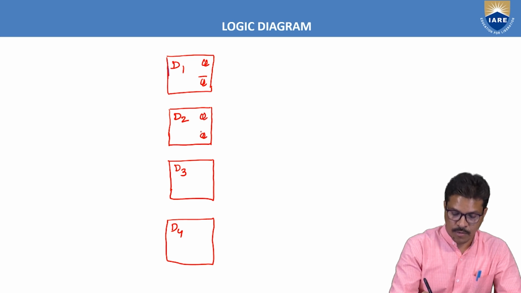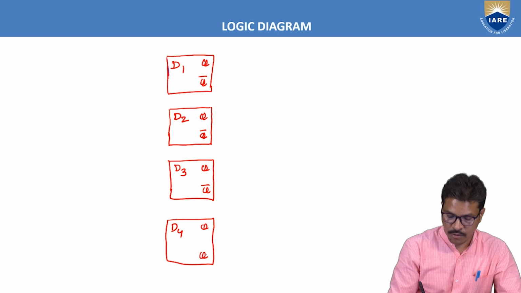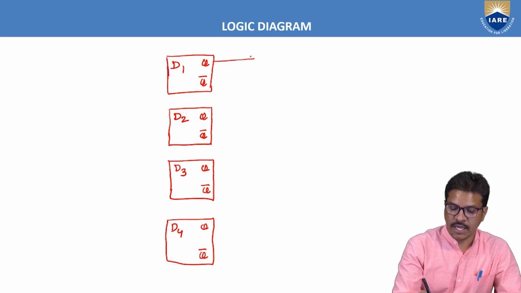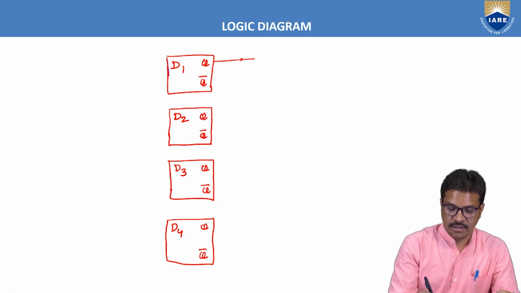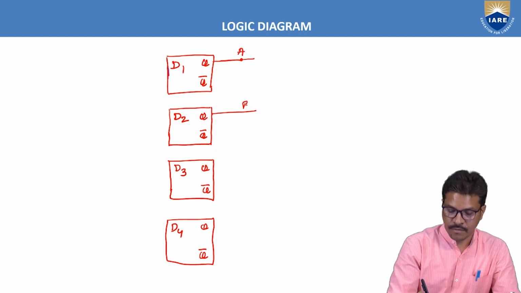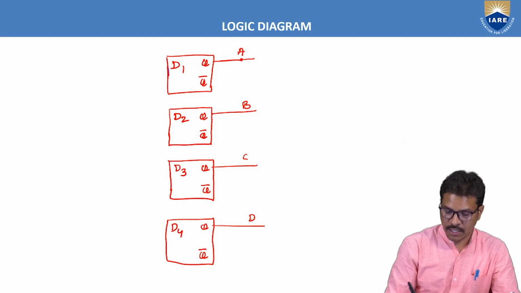So this is like the next state. The present state we can represent by A, B, C, D, like this.